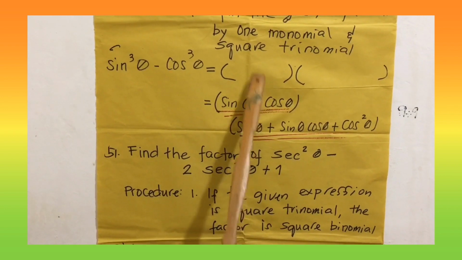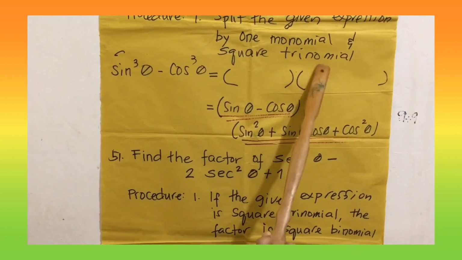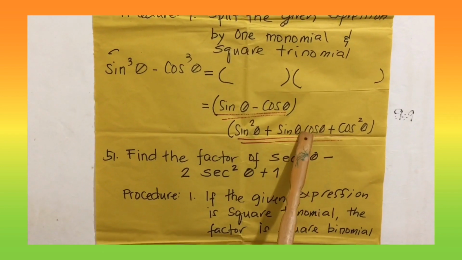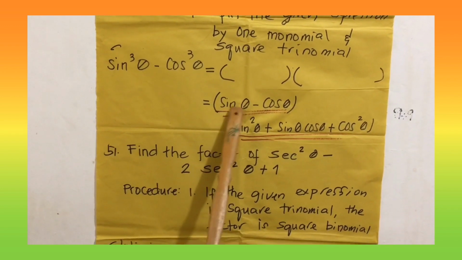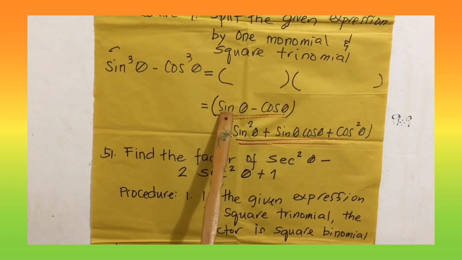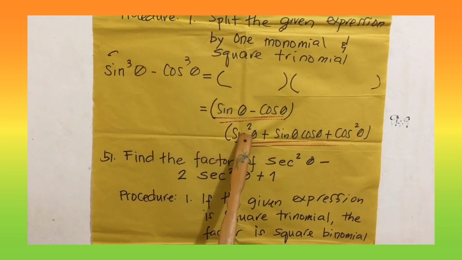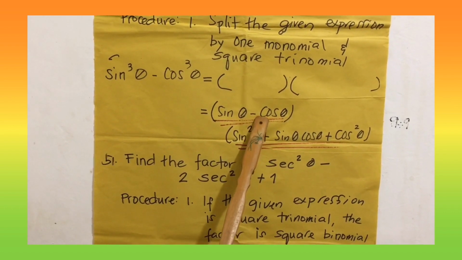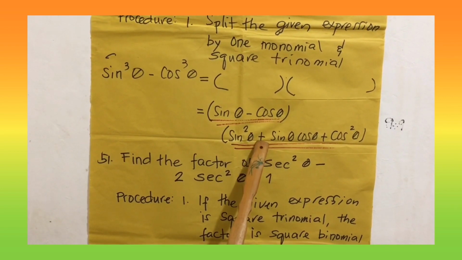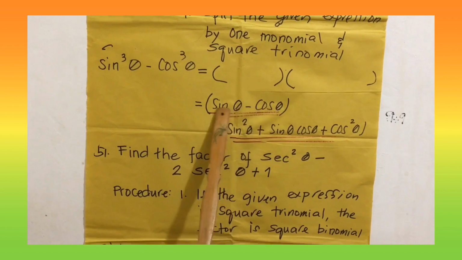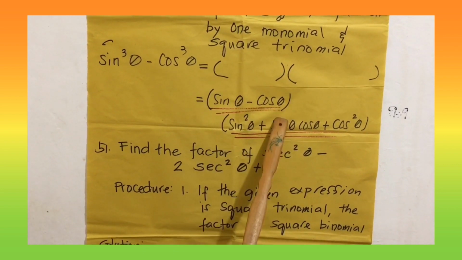So we're done with the first parenthesis and the second parenthesis that we're going to fill up now. To do this, we're going to get the square of the sine theta. The square of sine theta, we have sine squared theta. Then if this is negative, we're going to change this to positive. Then we're going to multiply the terms inside of this parenthesis.